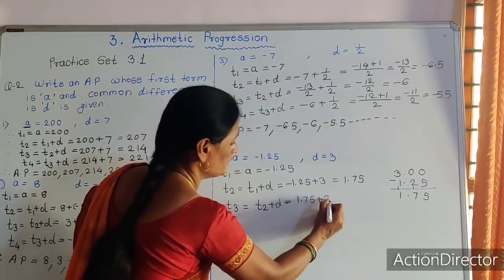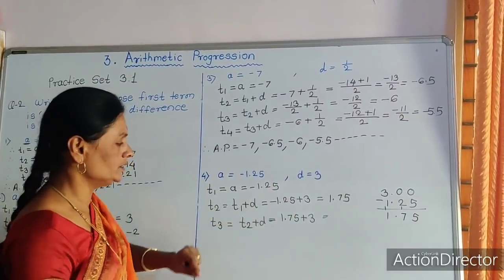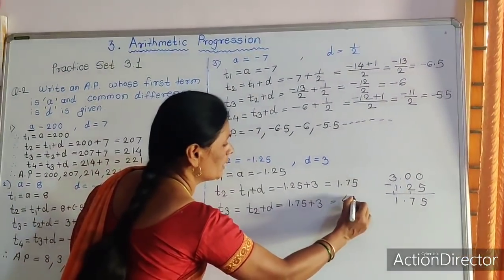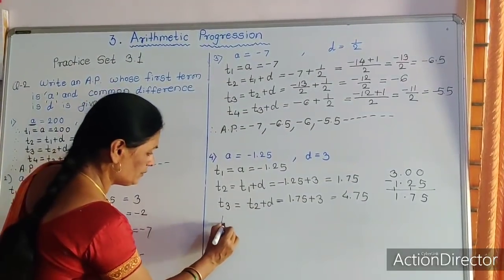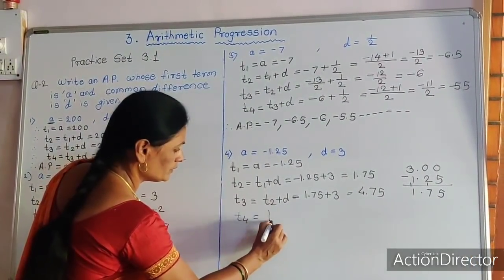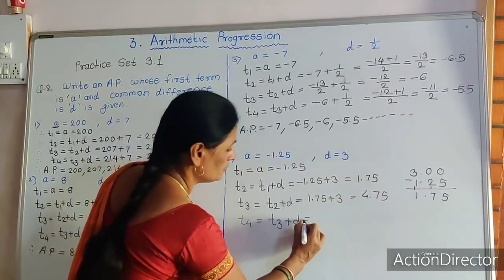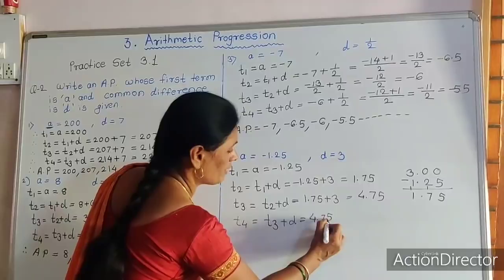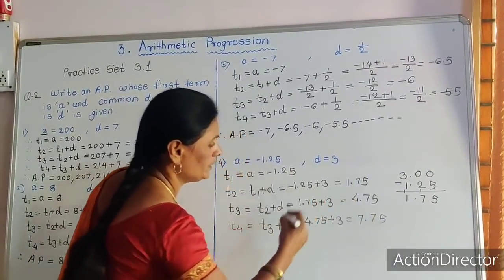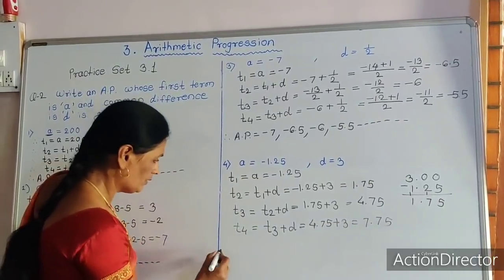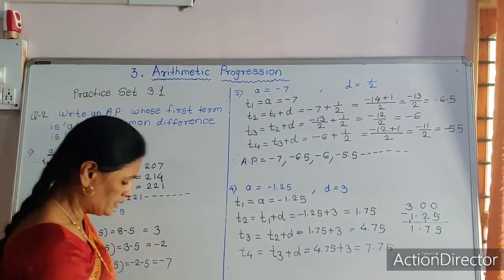T3 is equal to T2 plus D, that is 1.75 plus 3 is equal to 4.75. Now T4 is equal to T3 plus D is equal to 4.75 plus 3 is equal to 7.75, and therefore we write here the AP.